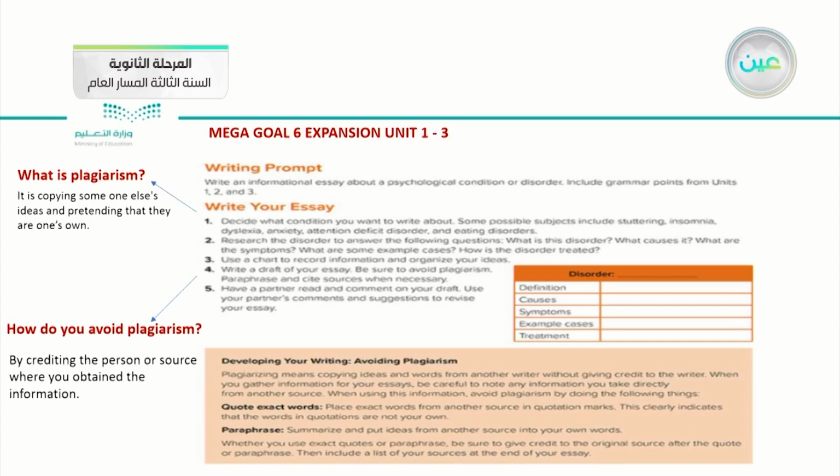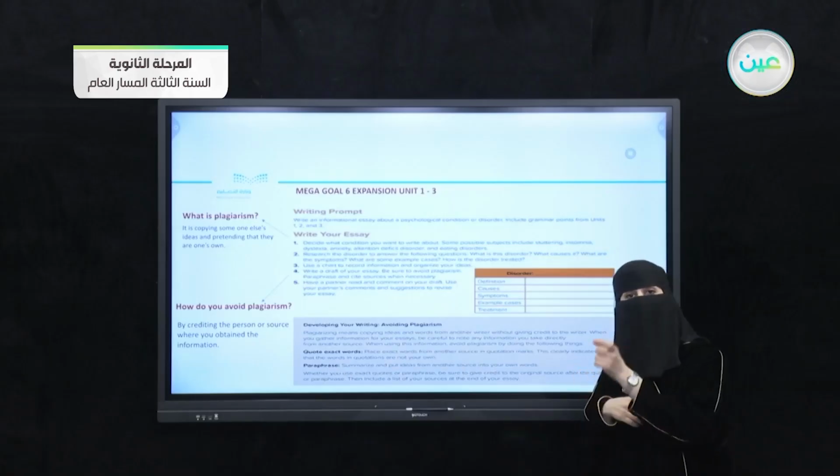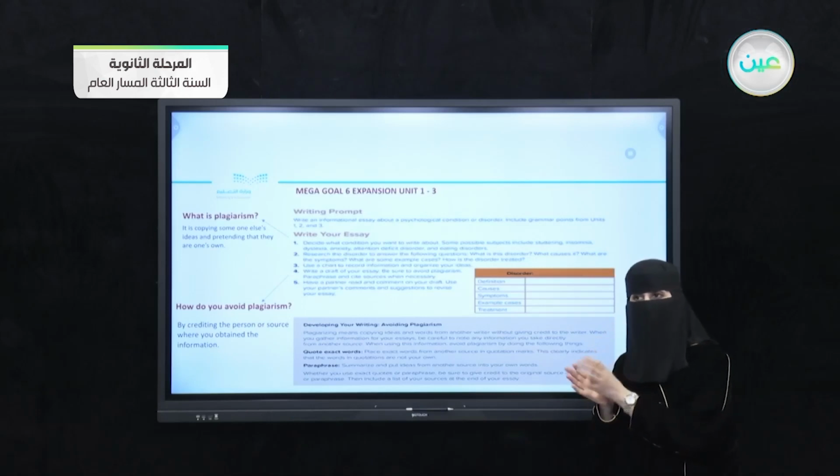I can avoid plagiarism by crediting the persons or source where you obtained the information. If I found a good example or a good word from research, I can put it between quotation marks, which means this is not mine, this is the writer's words.